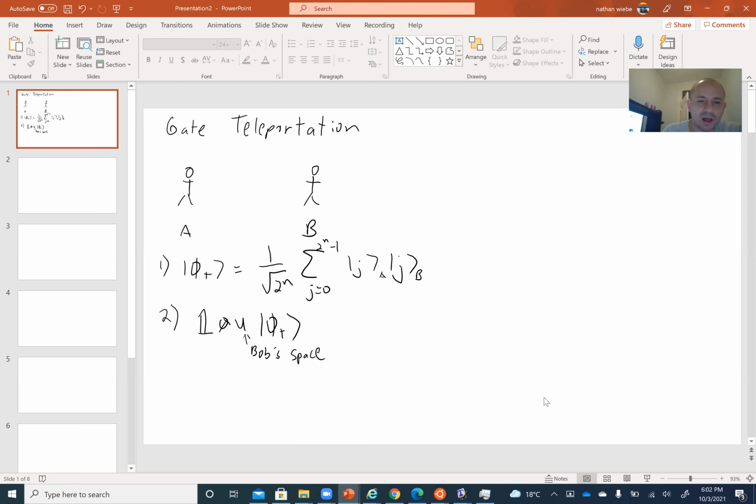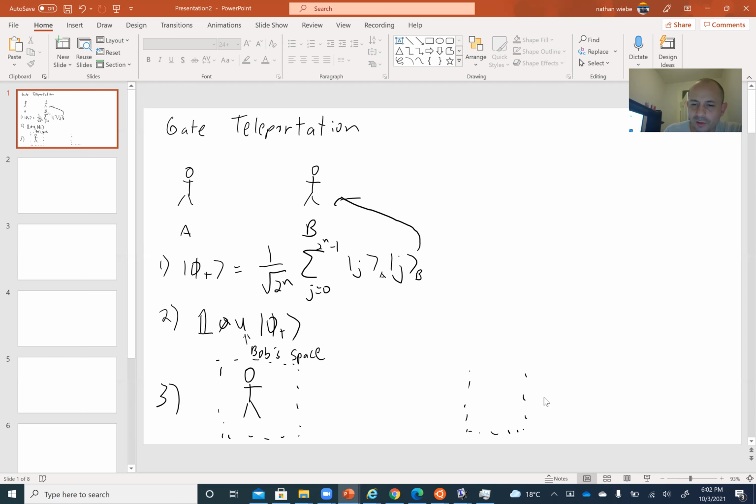Then Bob takes his half of the share and he leaves to go to a different lab.